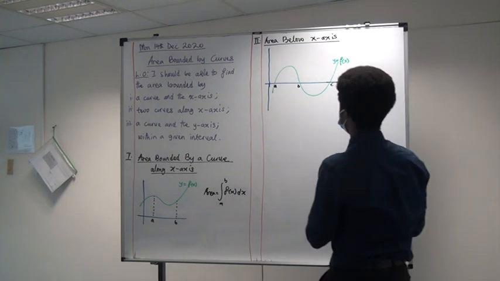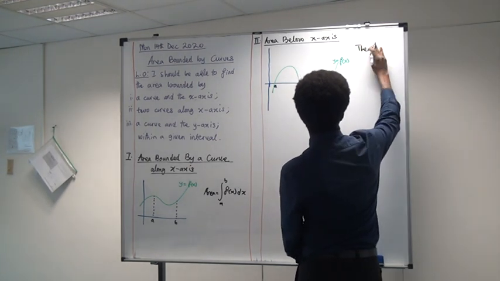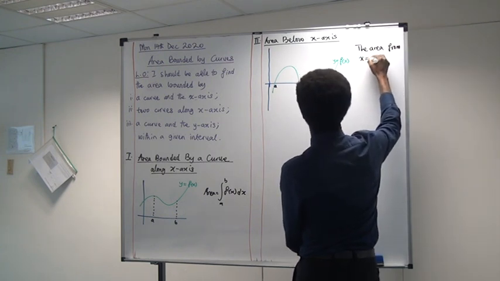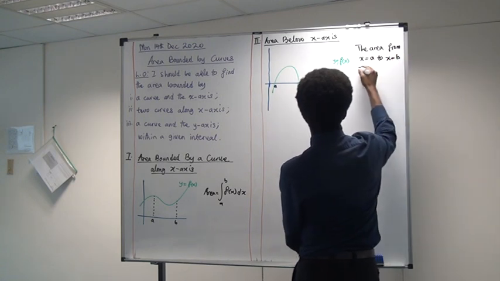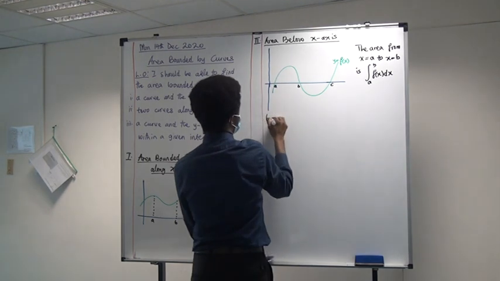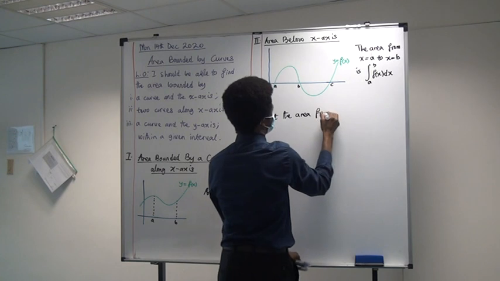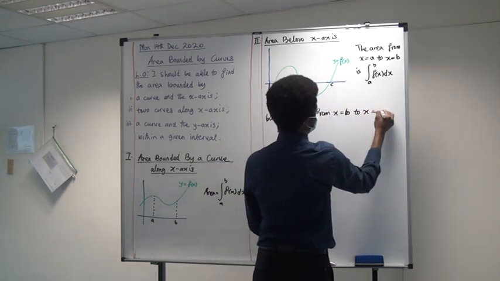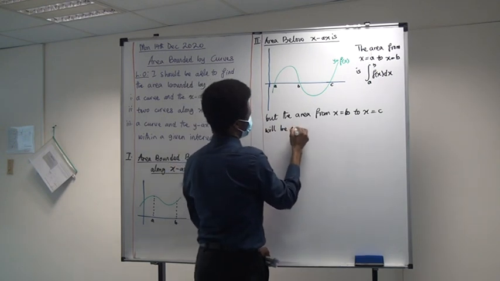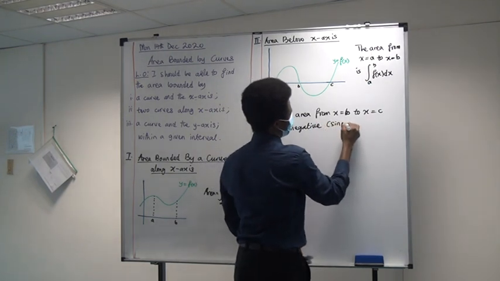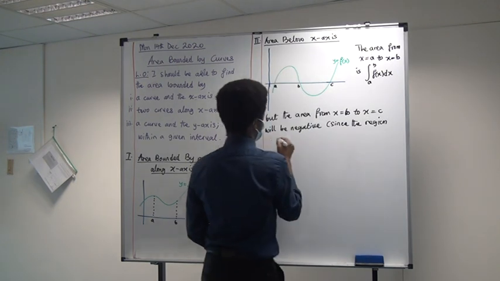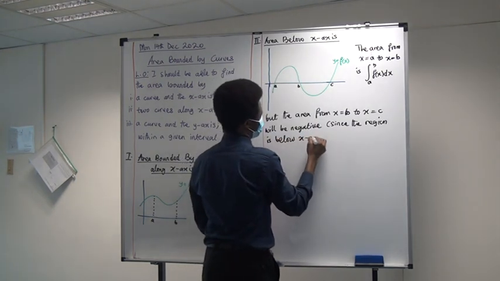The area from x equals A to x equals B is still the integral from A to B of f of x dx, but the area from x equals B to x equals C will give negative if you do direct integration, since the region is below the x-axis.